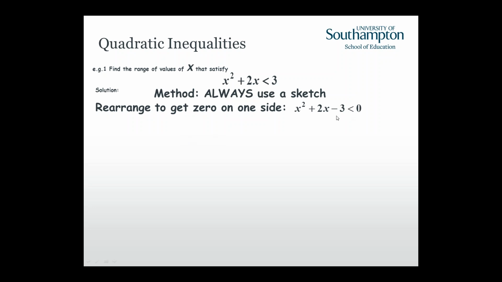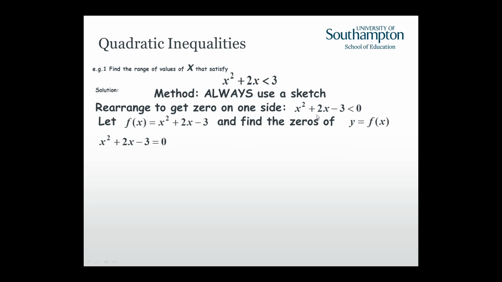And then to solve a quadratic, we would factorize it. So they say find the zeros, that just basically means solve it using factorizing. So we factorize that and it becomes x minus 1, x plus 3 equals 0. So that's if we were factorizing the equation rather than the inequality.